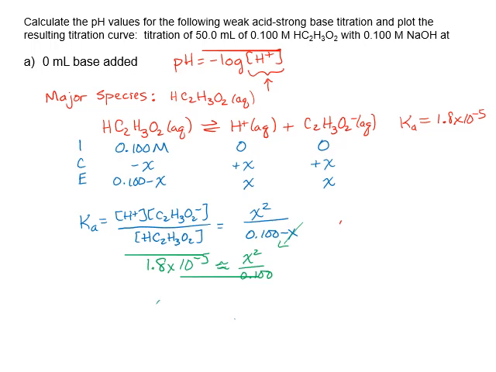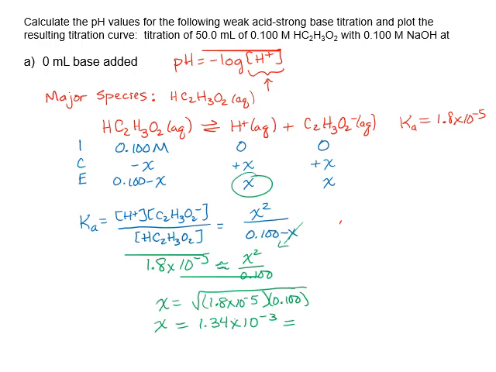Solving that for X, we get X is equal to the square root of 1.8 times 10 to the minus 5 times the 0.1. And we find that that gives us a value of 1.34 times 10 to the minus 3. This is our value of X, and since X was our H plus concentration, this should also be the concentration of H plus.